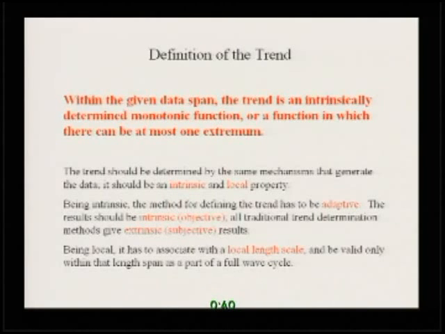So trend has to be local. You have to talk about the data span. Once you take the data span, you cannot a priori determine the functional form of the trend. The trend is intrinsic to the data. That means the method that you use has to be adaptive. And the final trend is a monotonic function, or a function that has at most one extrema.